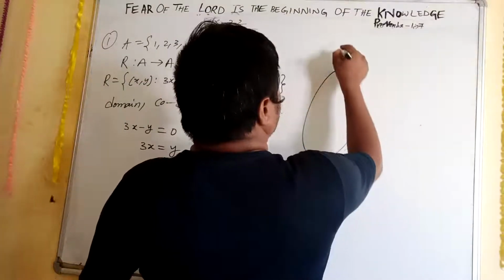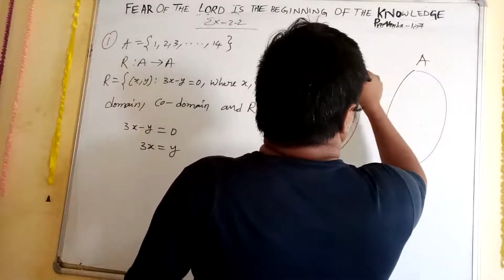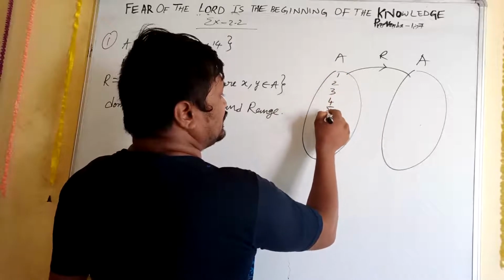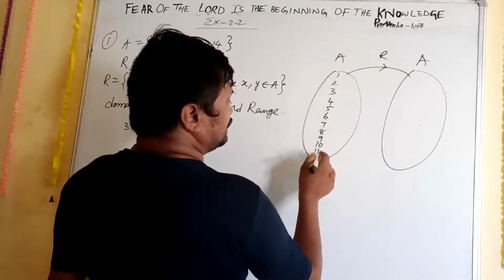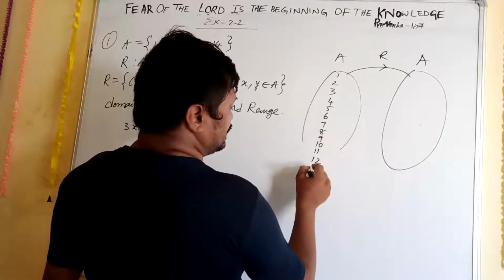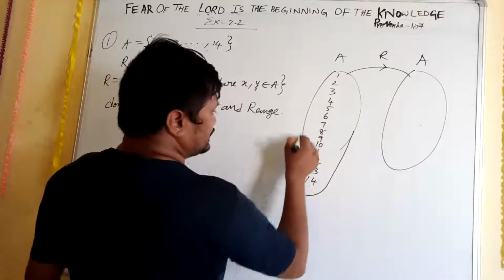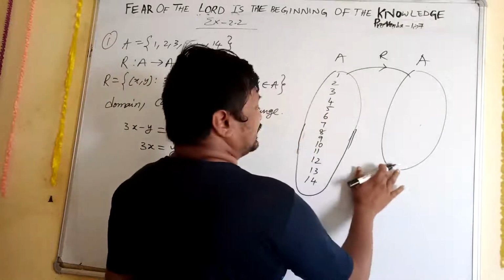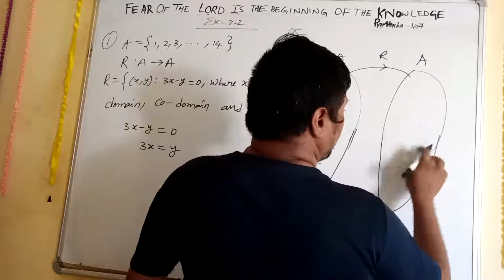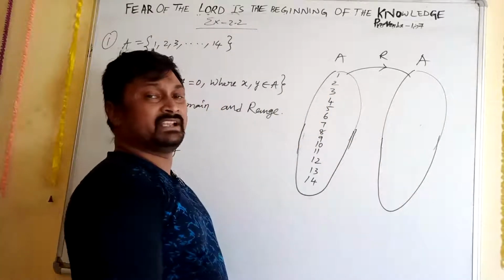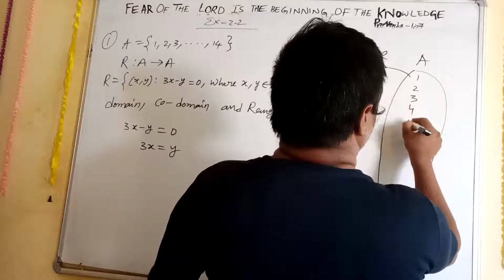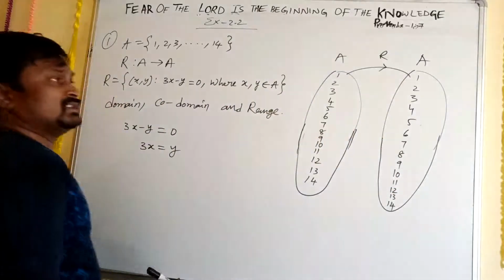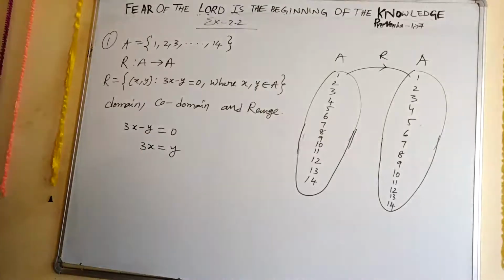First I'll write that the relation is A to A. This is some relation R. The numbers are 1, 2, 3, 4, 5, 6, 7, 8, 9, 10, 11, 12, 13, 14. So this is your set. I'm not drawing this diagram properly; you need to draw it properly in your notebooks. First always understand the diagram, then it becomes easy. So we wrote 14 here, and 14 here also. Now observe carefully what I will do.